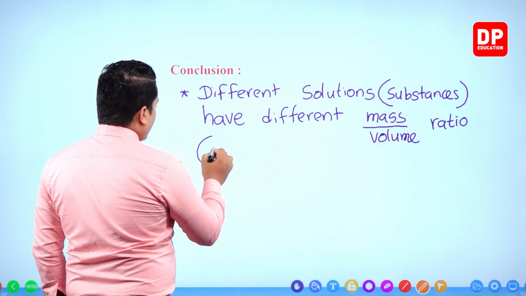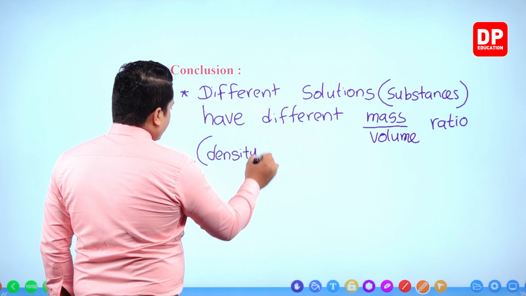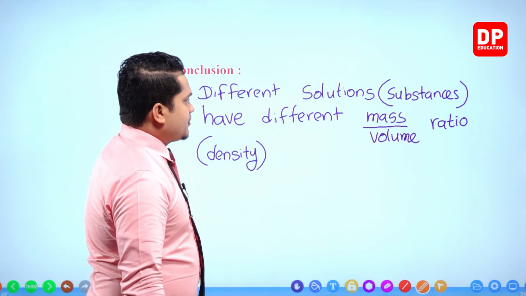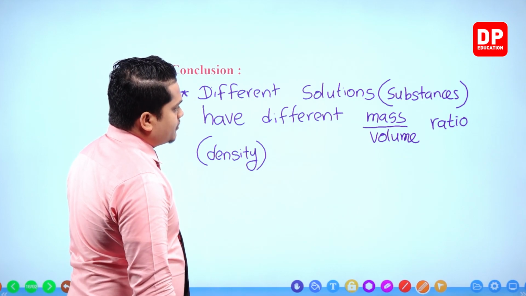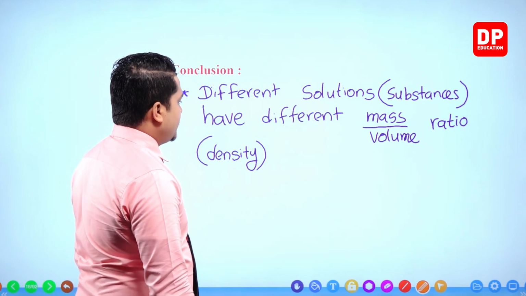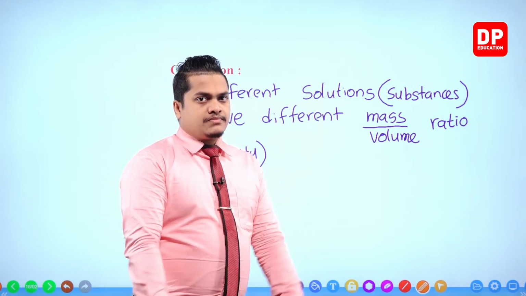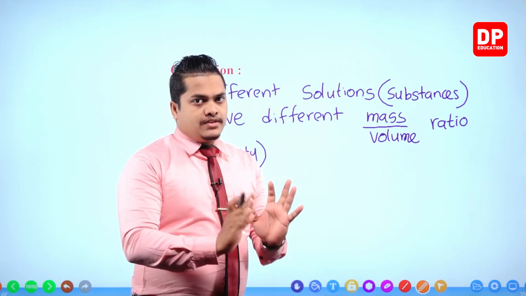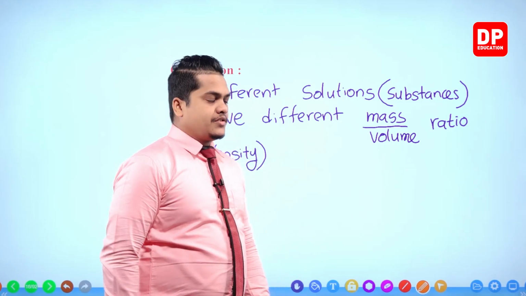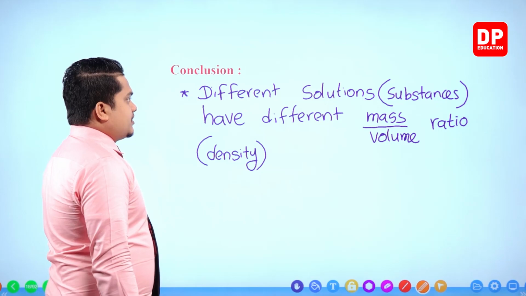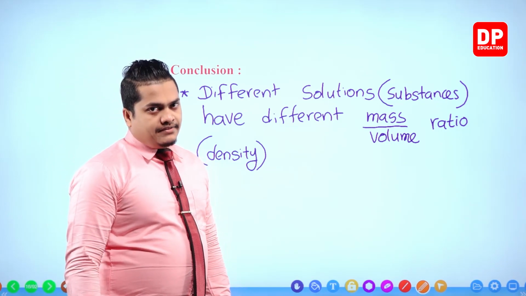Within brackets, you can include density. So different solutions or substances have different mass over volume ratio, that means different density, right? From one particular substance to another particular substance, the density is changed. This is the final conclusion that we can come up with from the activity.